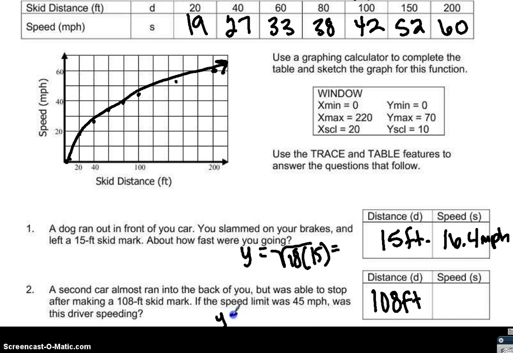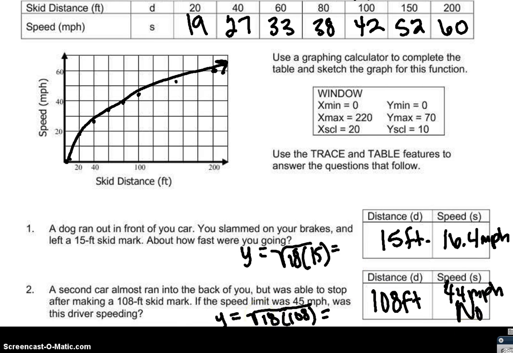So if I plug 108 into the same equation for my distance, let's approximate and see where my miles per hour would end up. If I multiply that out in the calculator, I end up with approximately 44 miles per hour. It tells me the speed limit was 45 miles an hour. So were they speeding? No, they were not speeding.